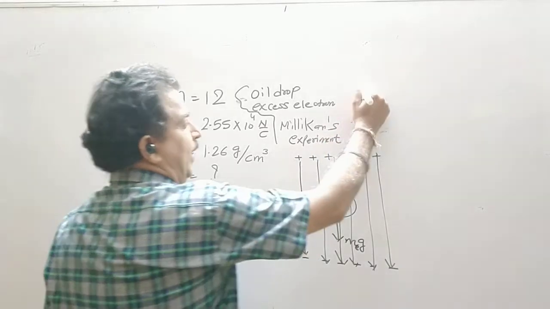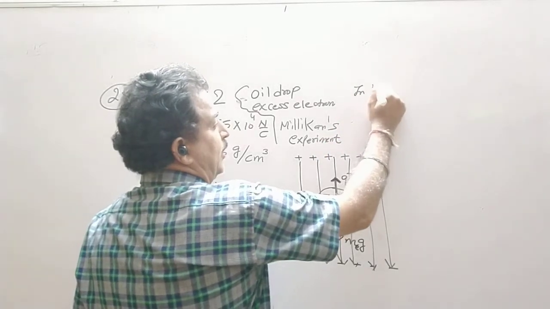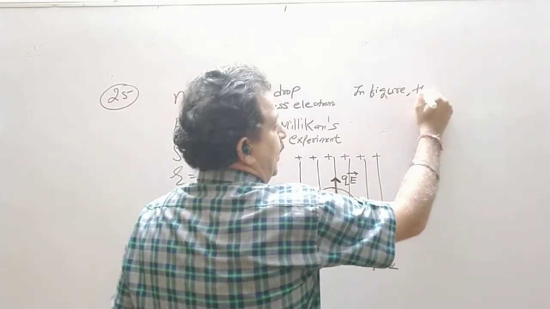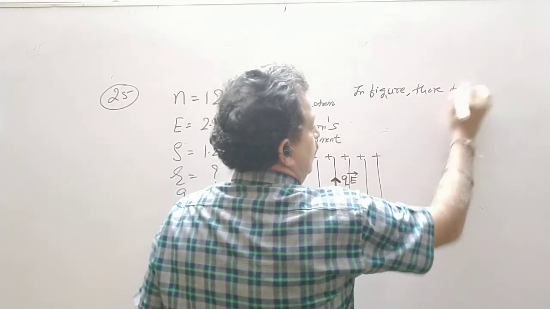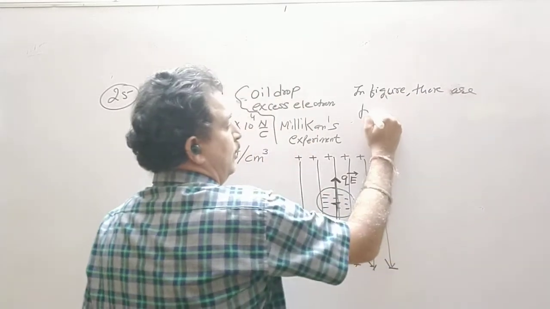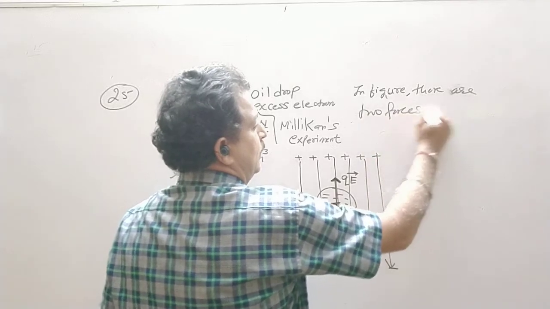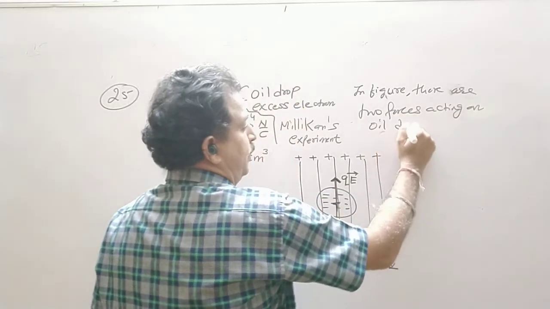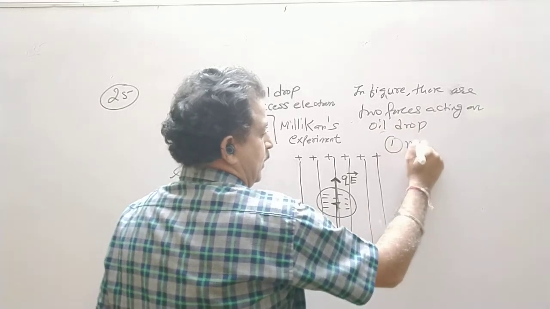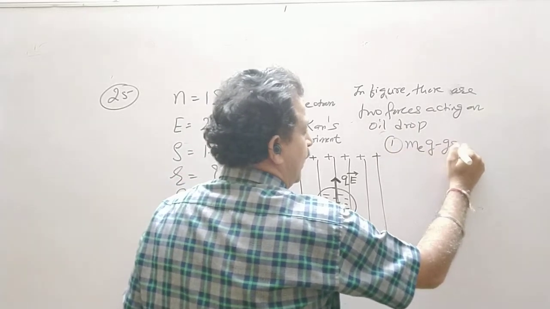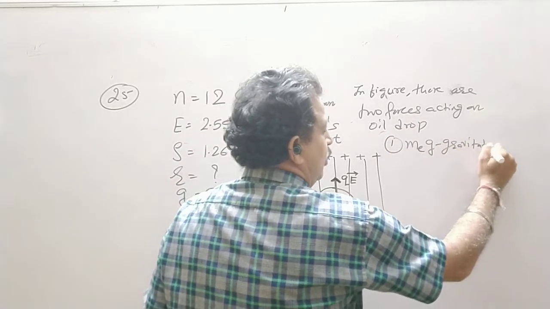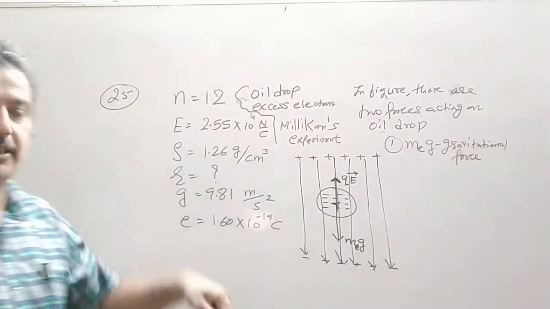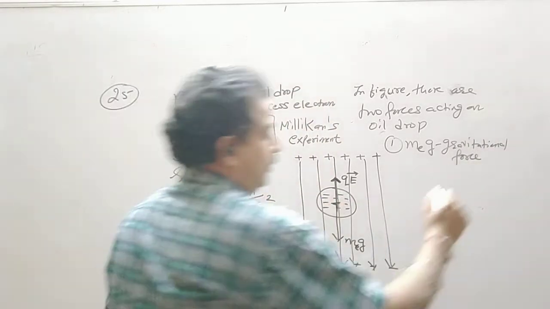So in theory we write, in the figure, there are two forces acting on the oil drop. Number one, m_e g, that is the gravitational force, or you can say the weight of an object or a drop.